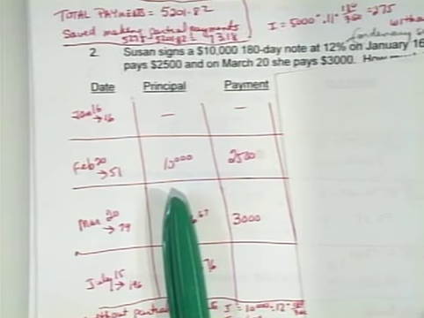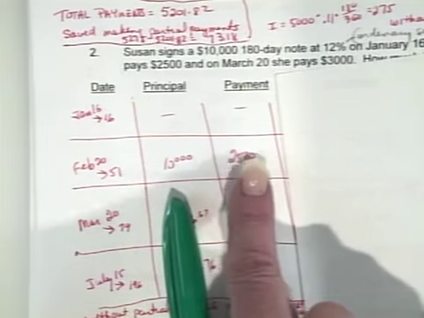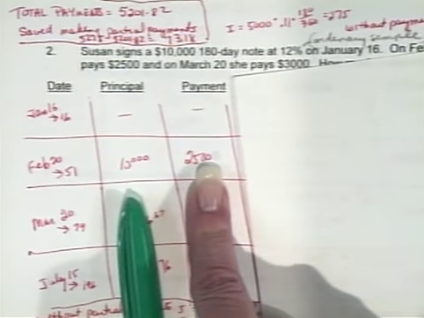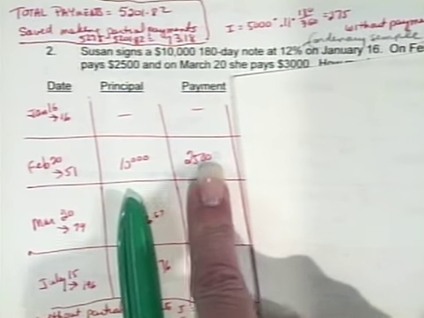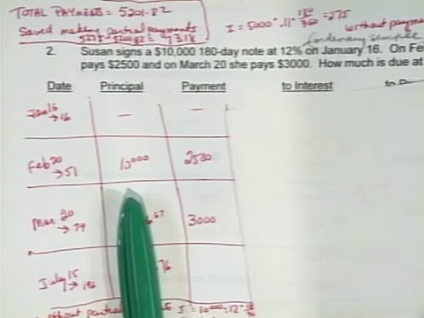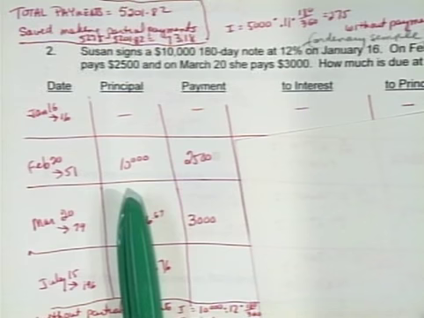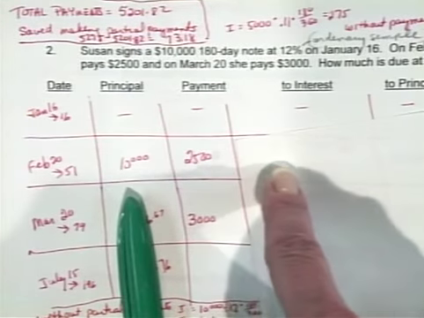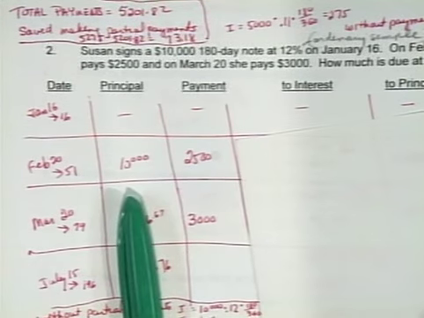How can I figure out from this payment of $2,500 what the U.S. rule tells us about how much goes to interest and how much goes to principal? What's our calculation? Calculation that goes right here in the missing box. How many days have passed? Karen, how many days have passed? 35 days have passed.